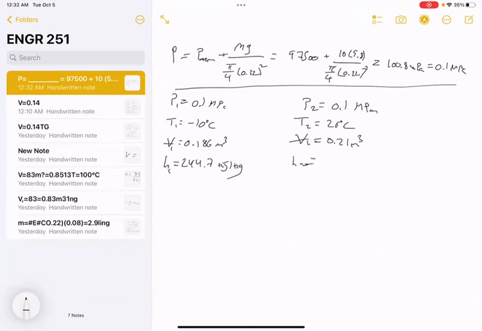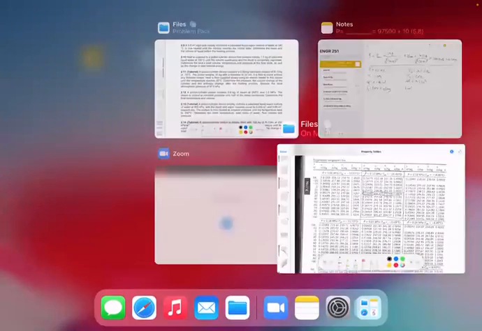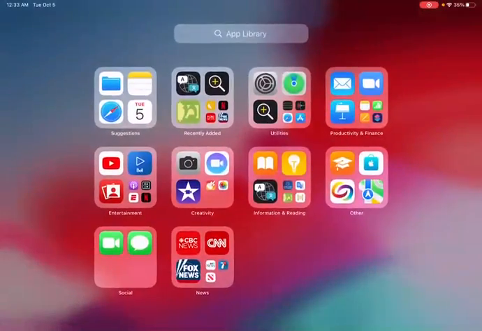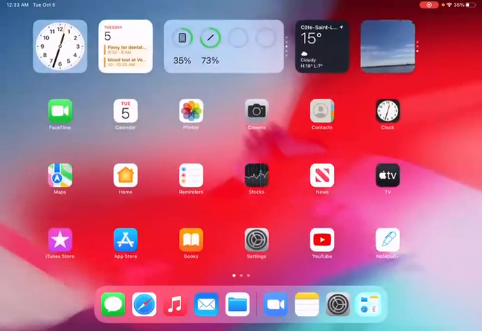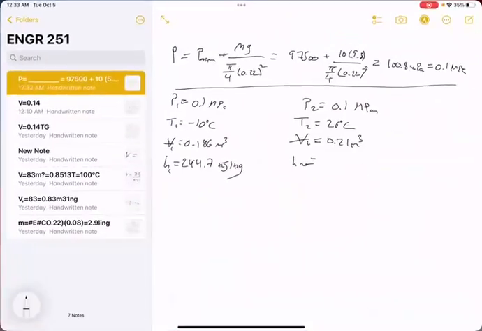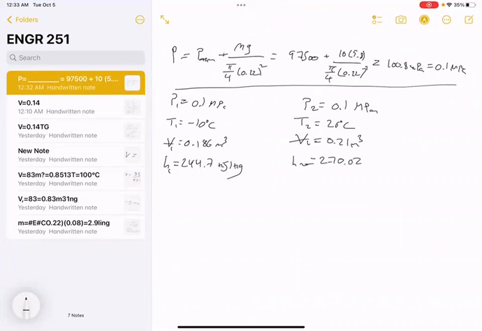And our enthalpy is 270.02 kilojoules per kilogram.